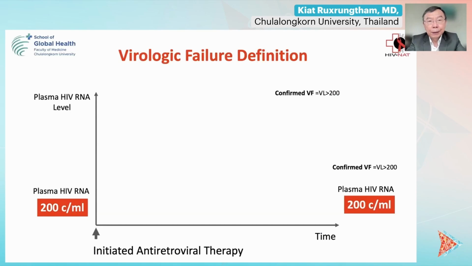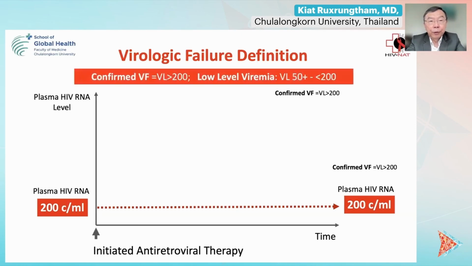To define biological failure, the arbitrary cutoff is 200 copies of HIV RNA in the plasma per ml. To confirm that it's a biological failure, we will do two sequential tests to confirm that the viral load is higher than 200 copies per ml.